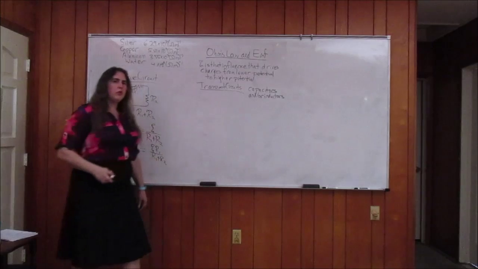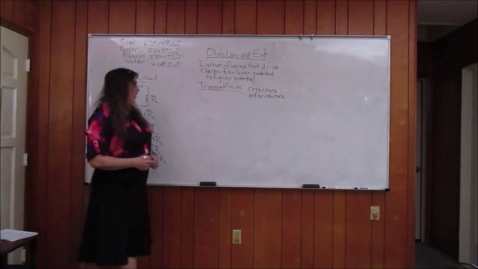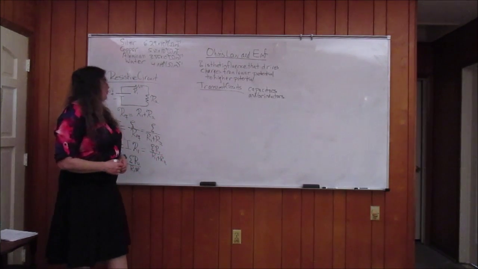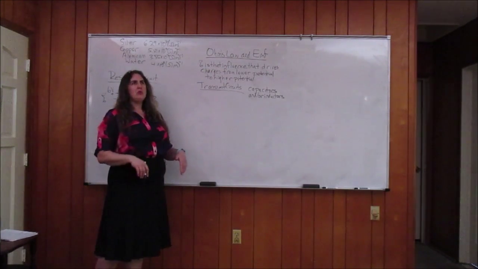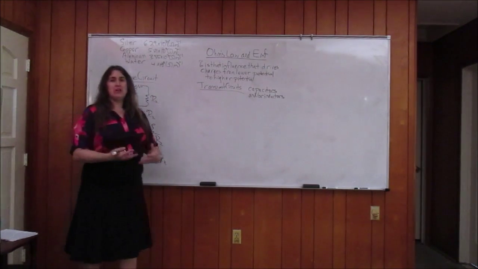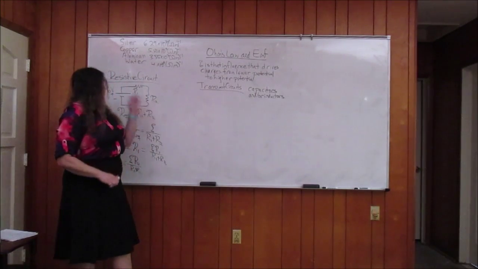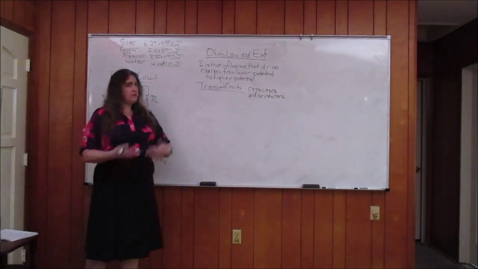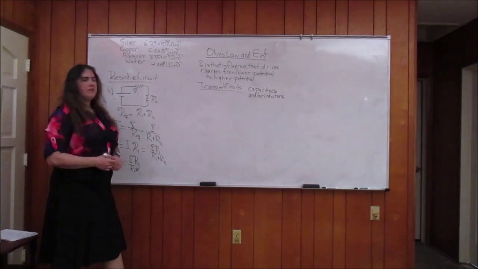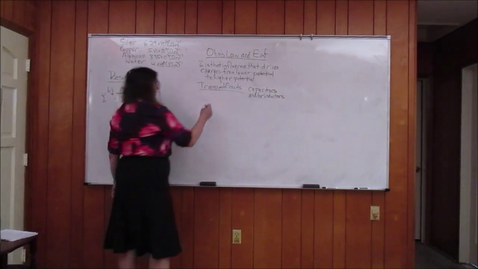Transient meaning your current flows for a certain amount of time and eventually dies out. Capacitors, inductors, resistors are all called passive elements. What that means is that they don't provide more than average power over 0 over an infinite amount of time. Batteries, of course, are active elements because they are providing power. We haven't talked about inductors yet, so we're going to have to limit the discussion to capacitors for now.